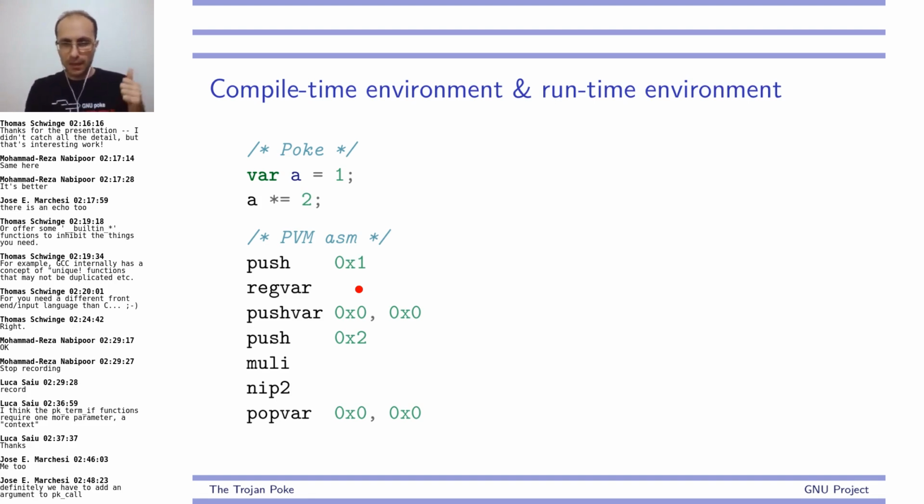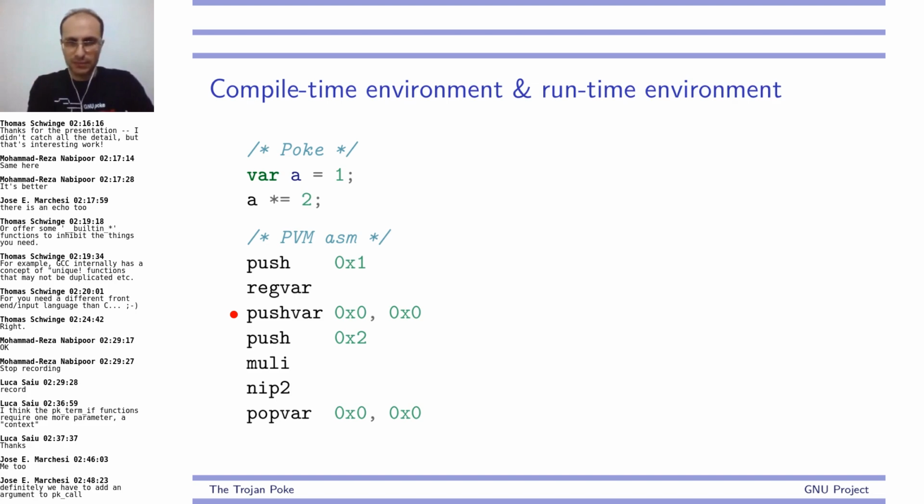So imagine the current lexical environment is 0. So this is the first entry, this 1. And so these first two instructions are this line, a equals 1. After the second instruction, the stack is empty because we put it into the lexical environment.